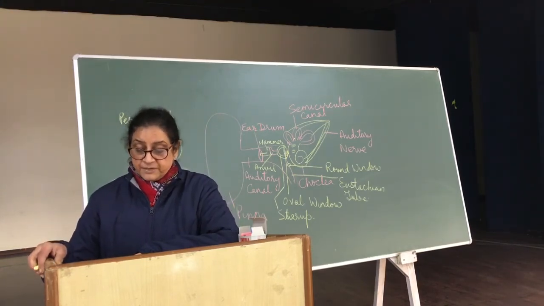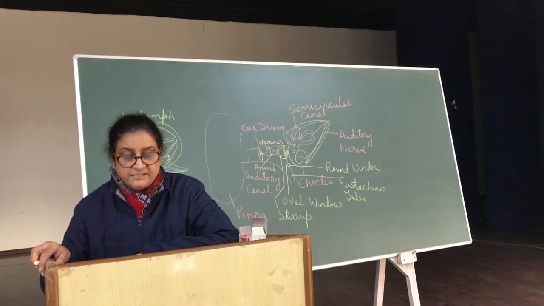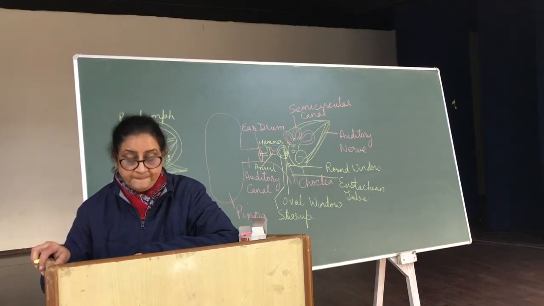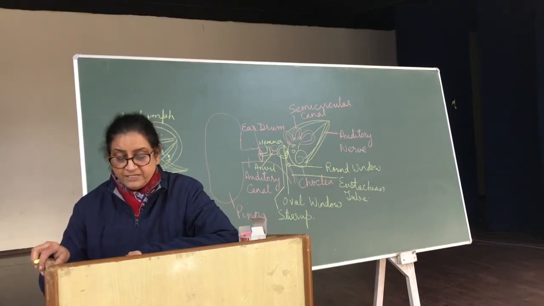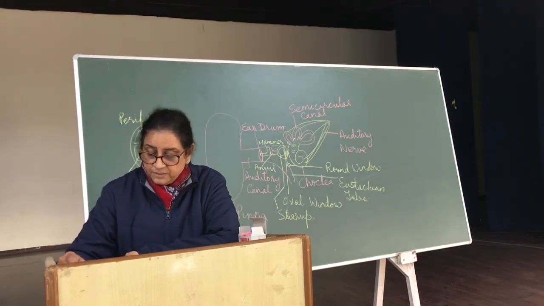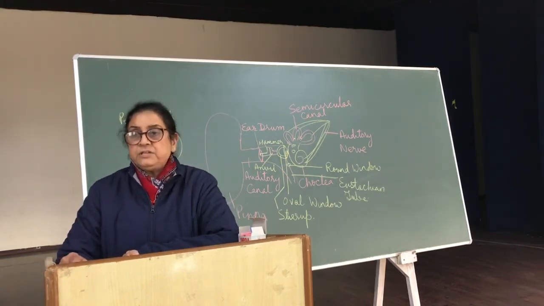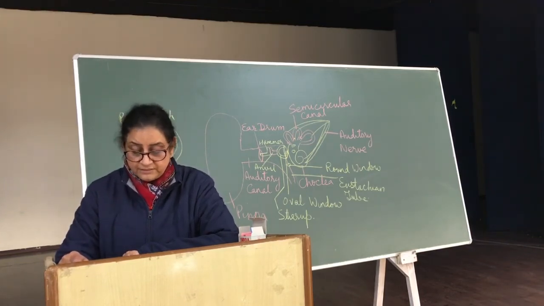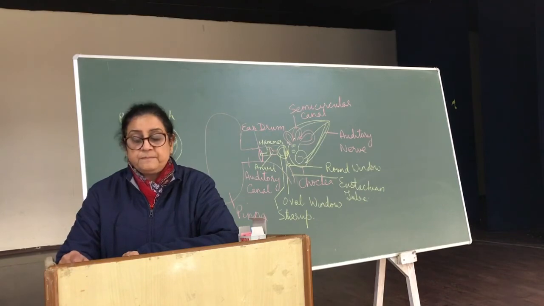So the vibration of the last ossicle is amplified due to the lever-like action of the first 2 ossicles. And the vibrating stirrup transmits the vibration to the membrane of the oval window, which in turn sets the fluid contained in the cochlear canal into vibration.